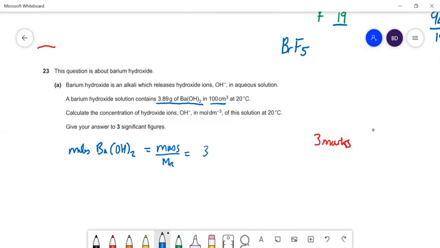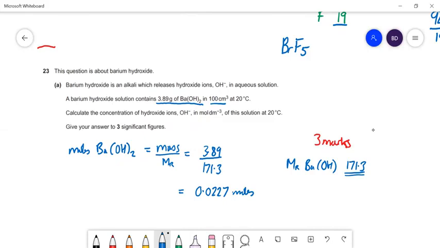So that's going to do the mass over Mr for that, the molar mass. Our mass is 3.89. Now the Mr of barium hydroxide is 171.3 if you work it out. Okay. So that's over 171.3. That gives us 0.0227 moles.